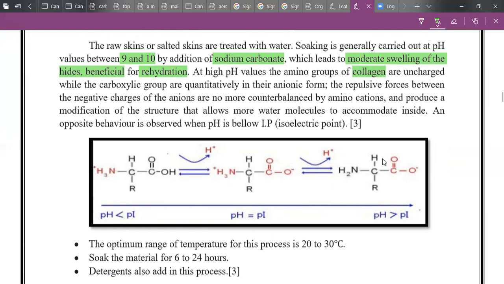By this way, the carboxylic group containing negative charge remains the same. Due to the presence of this group, water molecules accommodate inside, so the structure of the collagen is changed from this to this.